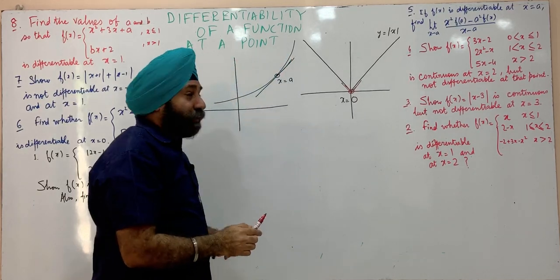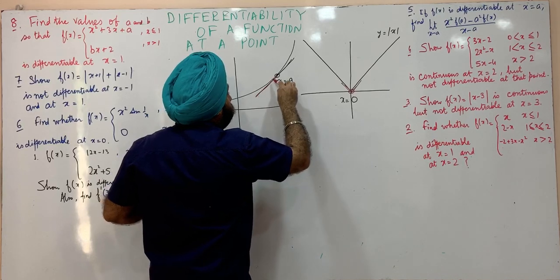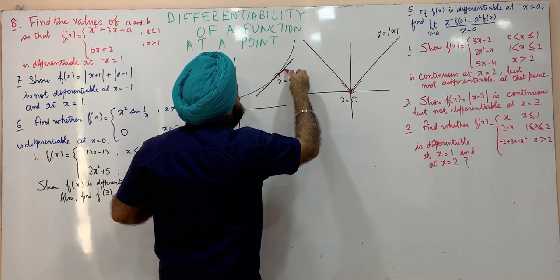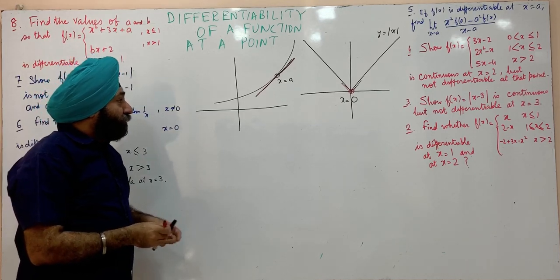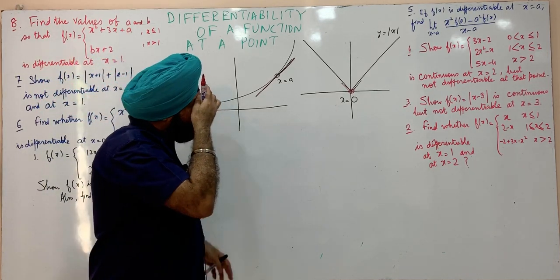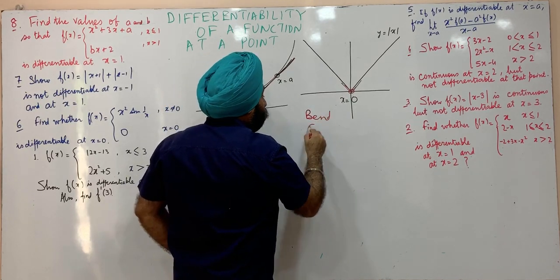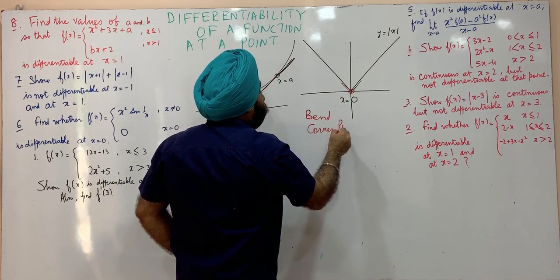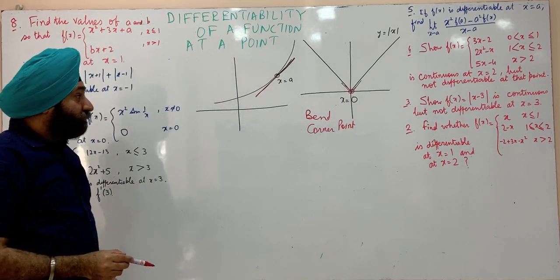So we have two different tangents, whereas in this case the tangent on the left hand side continues as the tangent on the right hand side. So what happens here? We see there is a bend, a sharp bend, or you can say a corner point. So this is a point of non-differentiability.